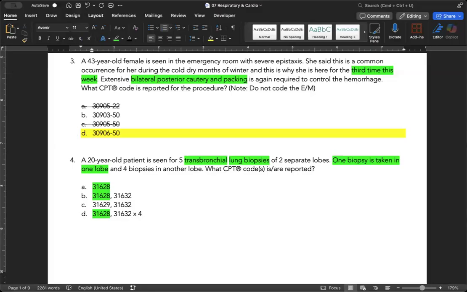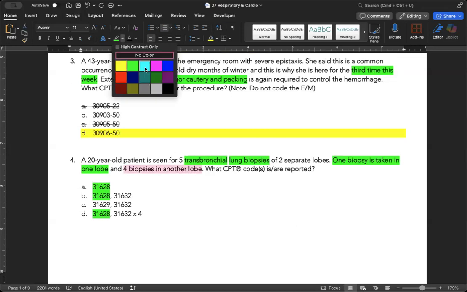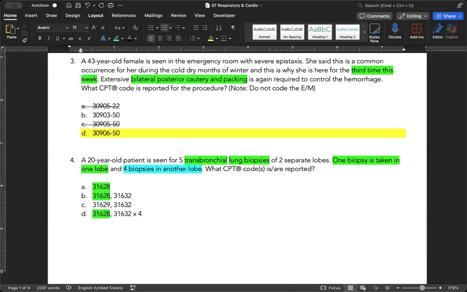The second one states that to report transbronchial lung biopsies performed on an additional lobe, use 31632. So this is going to be our 4 biopsies in another lobe. You guys should see it now. So we know we need the 31632, but the million dollar question is, do we use multiple units, or do we use a single unit for the 4 biopsies in the second lobe?